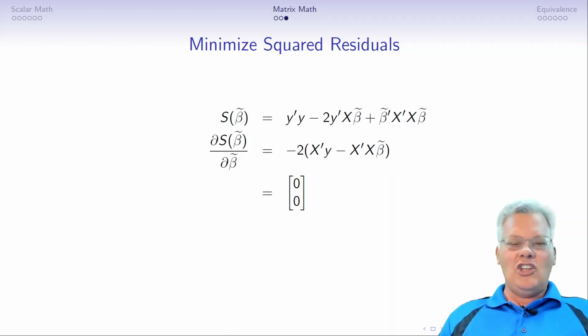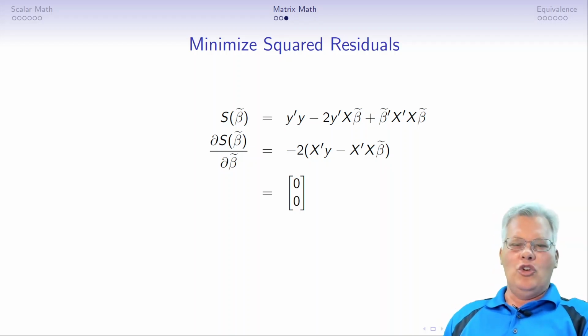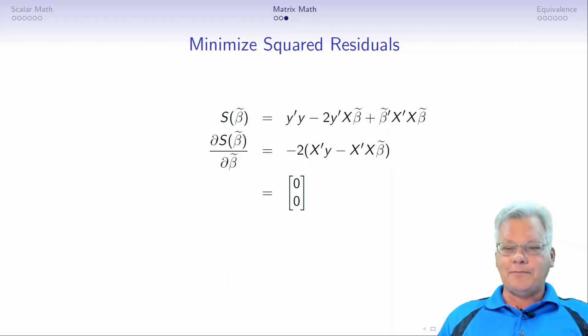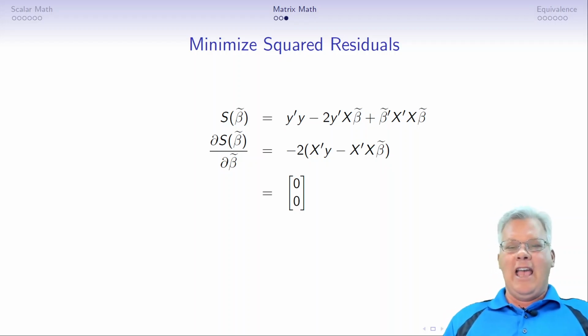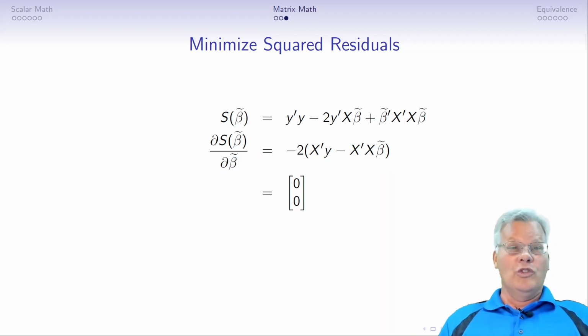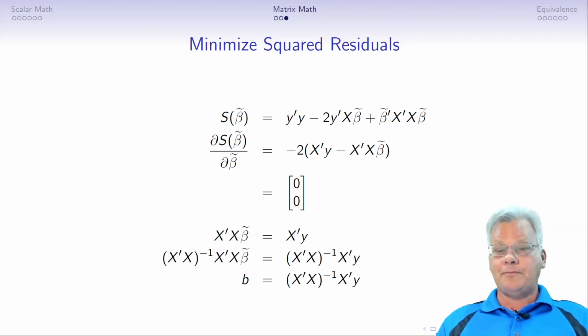So when I take the derivative with respect to beta tilde, I get this expression, 2 times x transpose y minus x transpose x beta tilde, and those must equal a column vector of zeros.